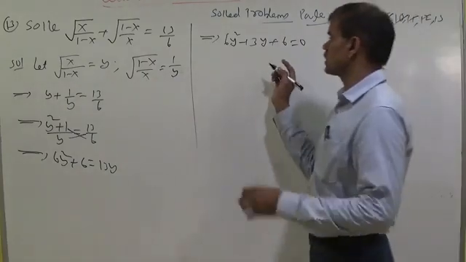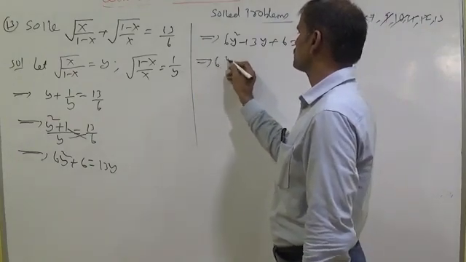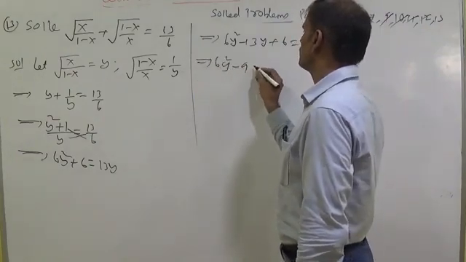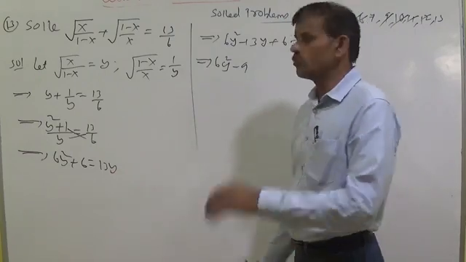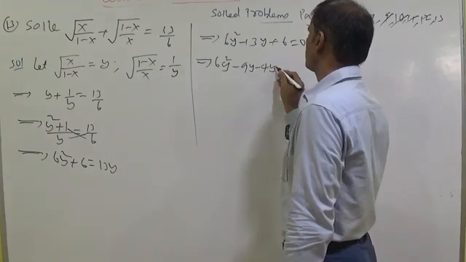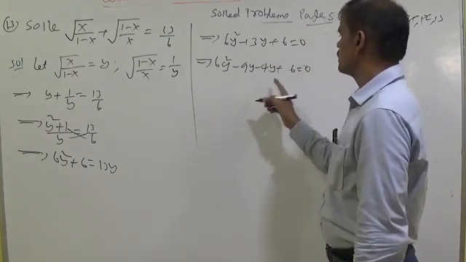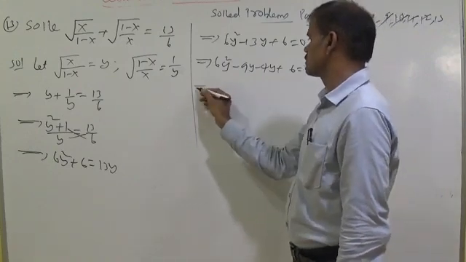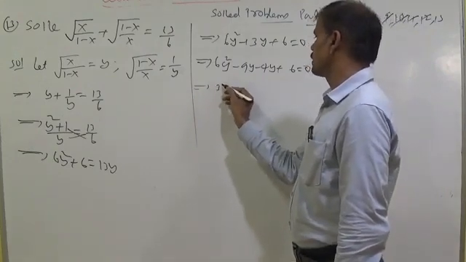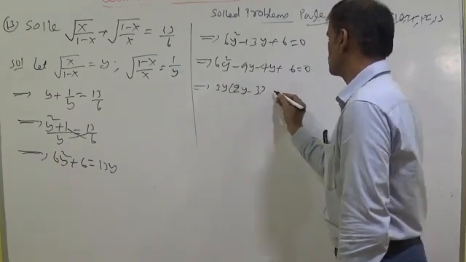We got 6 times 6 is 36, and we need splitting the middle term or factorization. The factors of 36 are 9 and 4. Whenever 9 and 4 we add it becomes 13y, that we also know, that is why I am writing like this: 6y square minus 9y minus 4y plus 6 equal to 0. Now you can take common 3y, it becomes 2y minus 3.